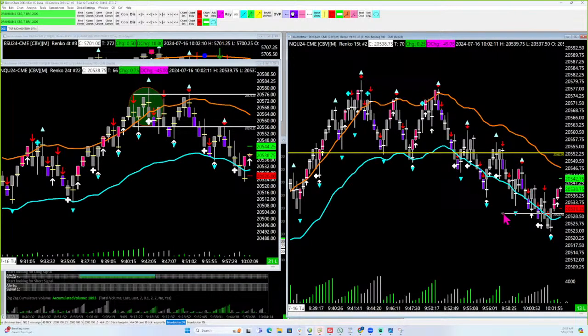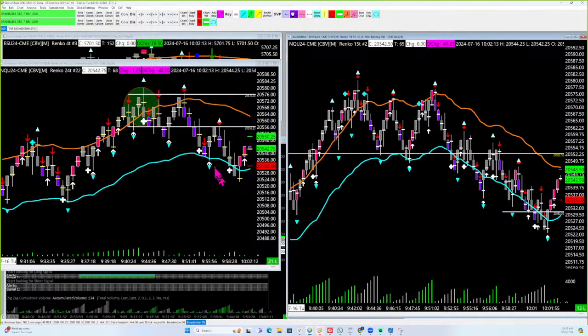Point of control above. Plus sign down on the 15 tick. Point of control above. I got that long with a 20-point stop. It is 10:02. Valid.